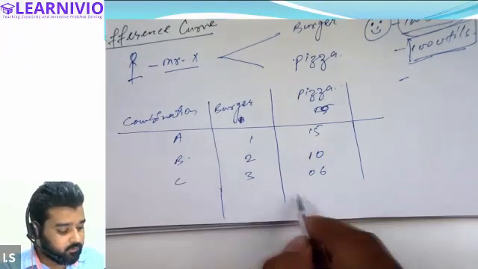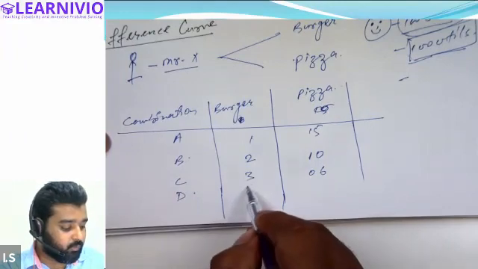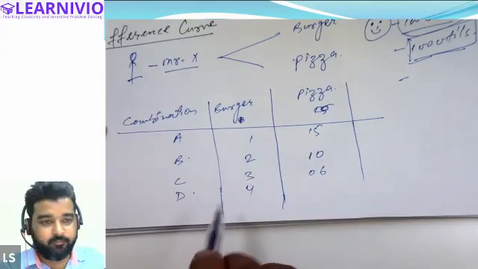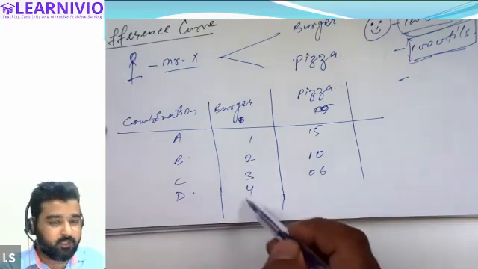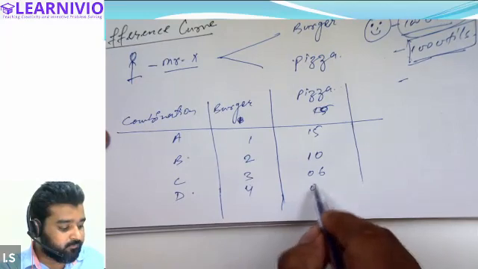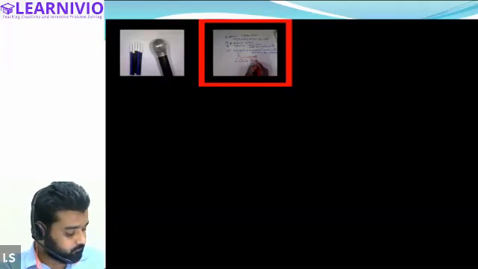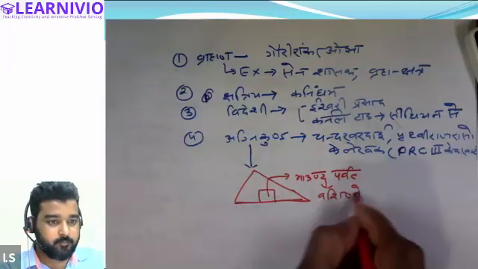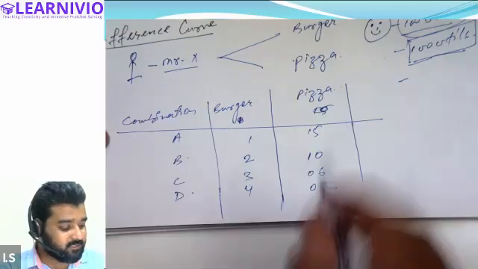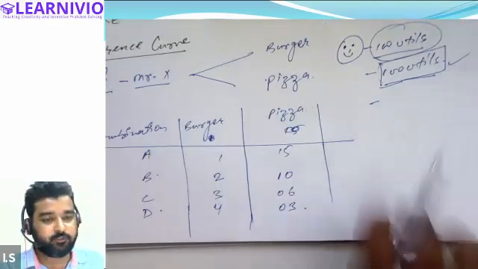Similarly, he again wants to increase the quantity of burger by one more unit. Every time he increases the quantity of burger by 1 unit, he will have to sacrifice certain slices of pizza so as to maintain the same level of satisfaction.